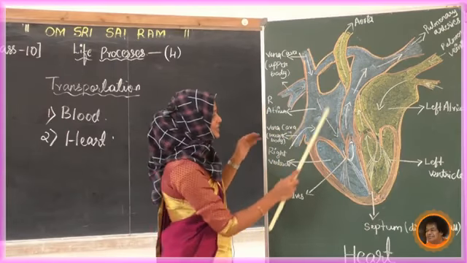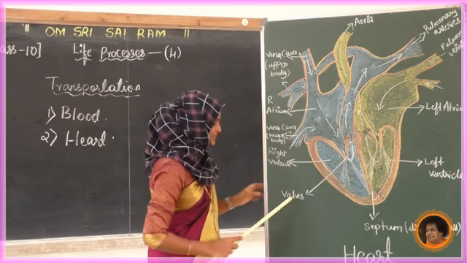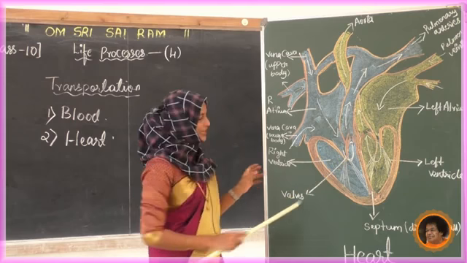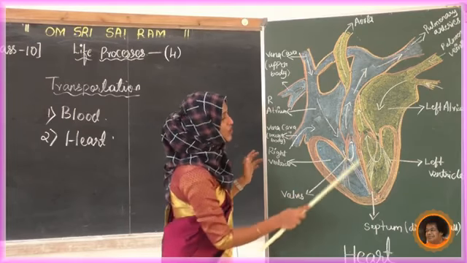Next, we can see a passage here, which is called a valve. Next we can see one more chamber, called the right ventricle.